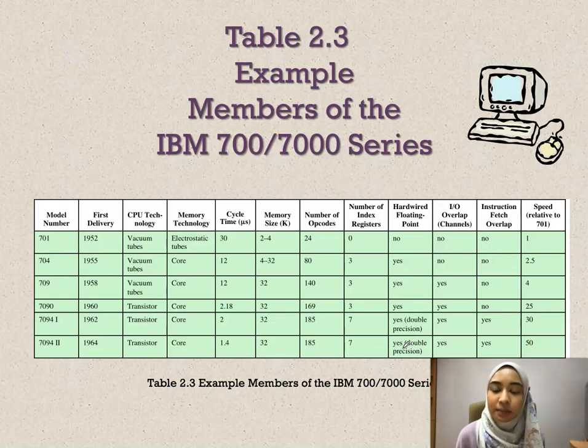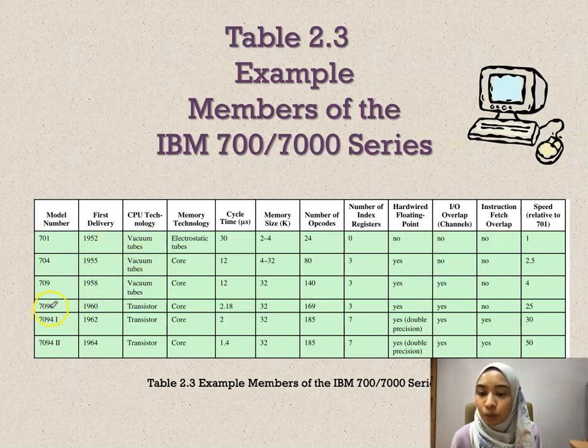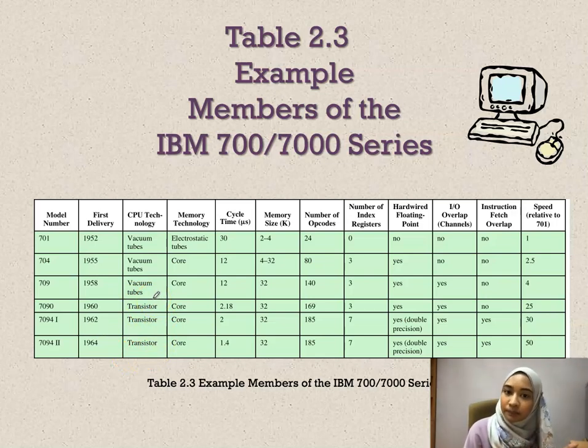So here is a table, example members of the IBM 700/7000 series. We have the 701, which used vacuum tubes, and 704 also used vacuum tubes, and then we have 709, still vacuum tubes. We have the 7090, so they added another digit to represent that the CPU technology is now based on transistors. So you transition from 700 to 7000, at least for IBM. That was what they were doing.